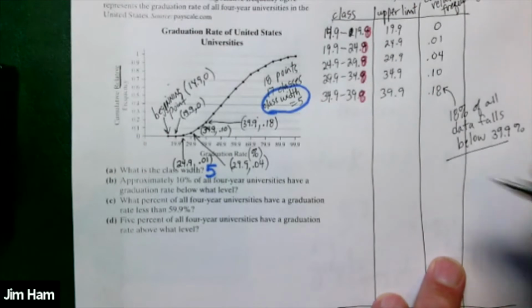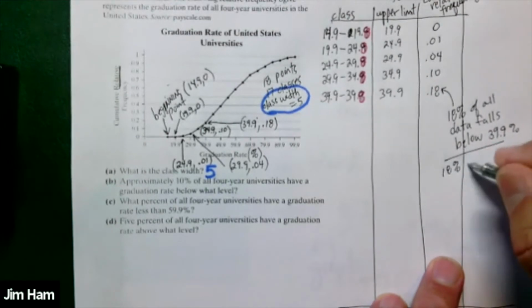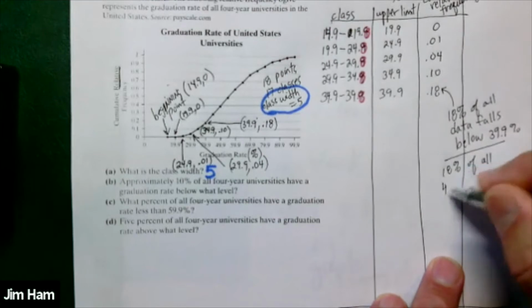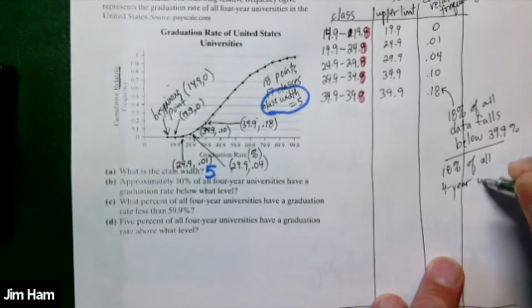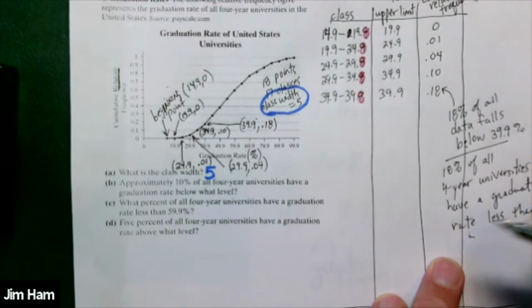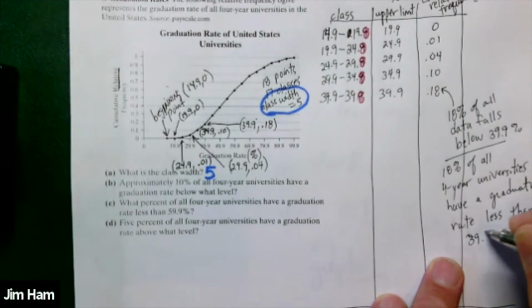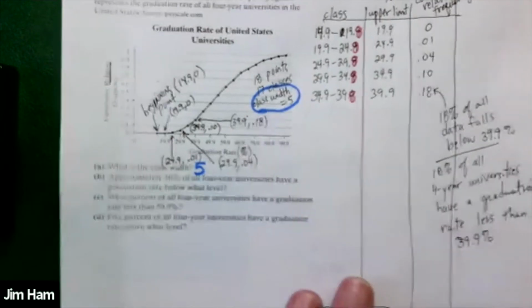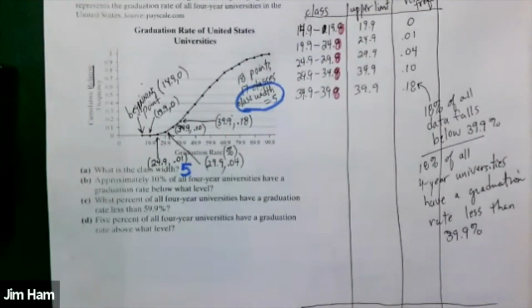More specifically, 18% of all 4-year universities have a graduation rate less than 39.9%, less than 40%, in other words. So an ogive allows us to make predictions based on less than. It's not how many data values fall at this particular class, it's how many fall at this particular class or even something lower.